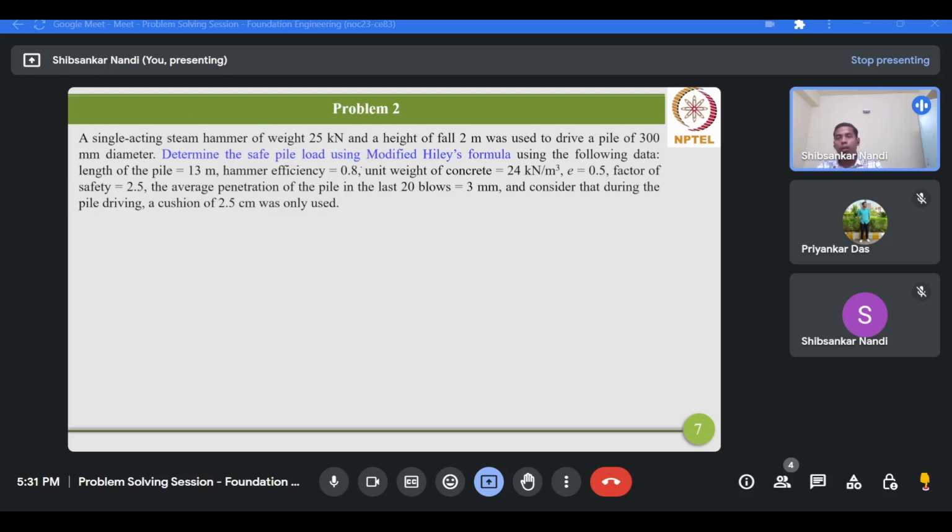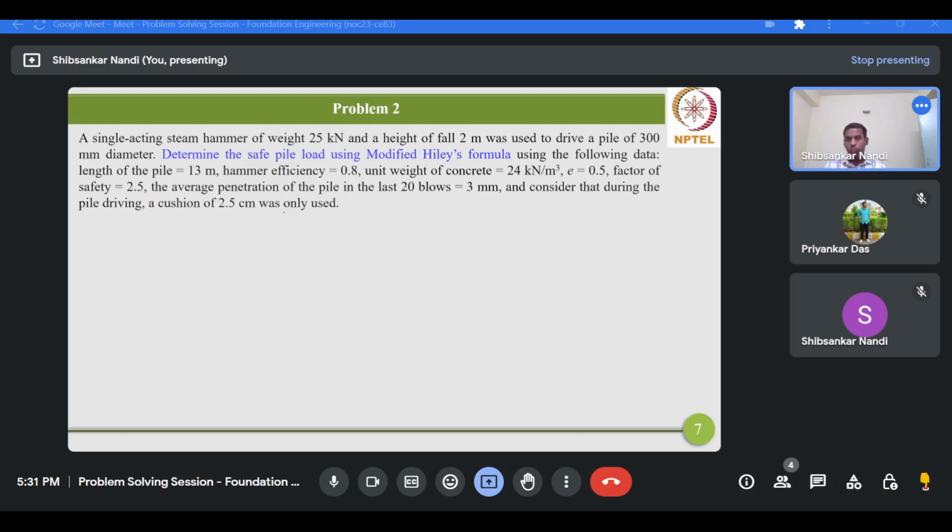Determine the safe pile load using modified Illes formula using the following data: length of the pile 13 meter, hammer efficiency 0.8, unit weight of concrete 24 kilonewton per meter cube, the value of E as 0.5, factor of safety 2.5, and the average penetration of the pile in the last 20 blows 3 mm, and consider that during the pile driving a cushion of 2.5 centimeter was only used.